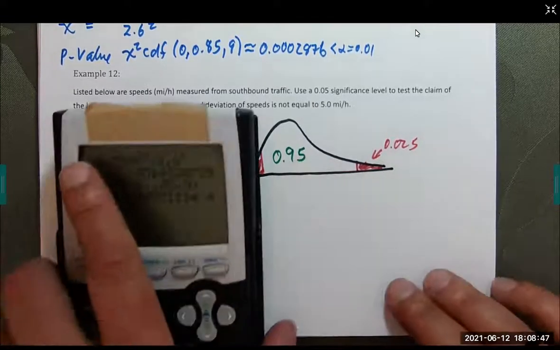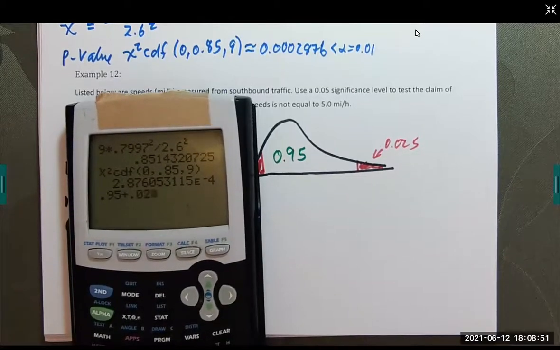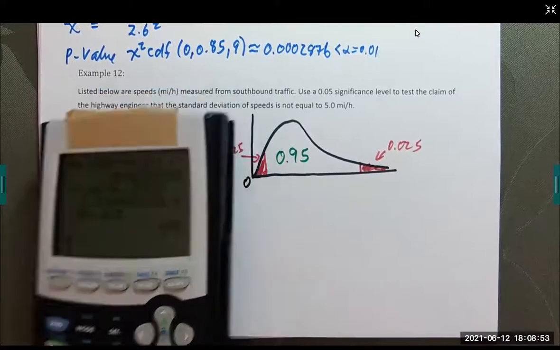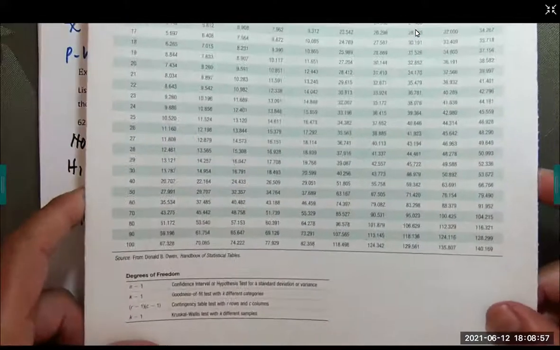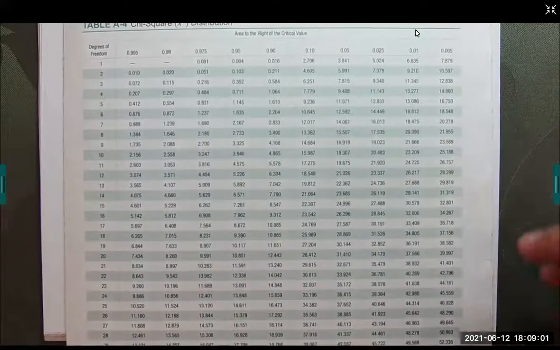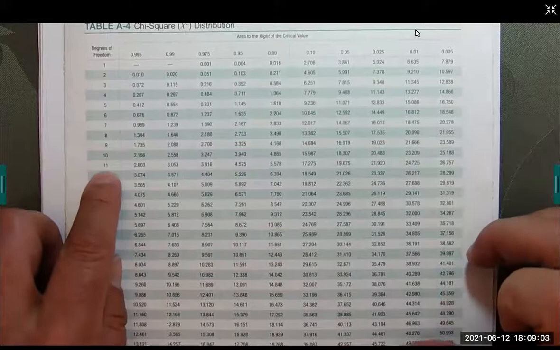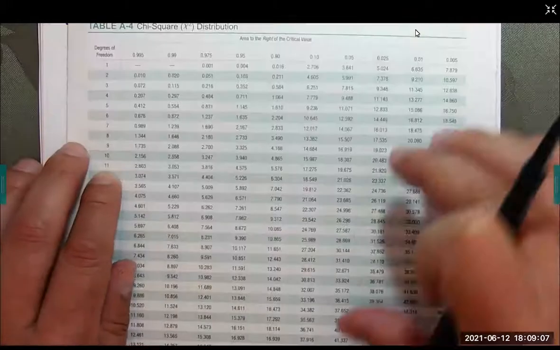Let me demonstrate that for you: 0.95 plus 0.025 is 0.975. Degrees of freedom is 11.